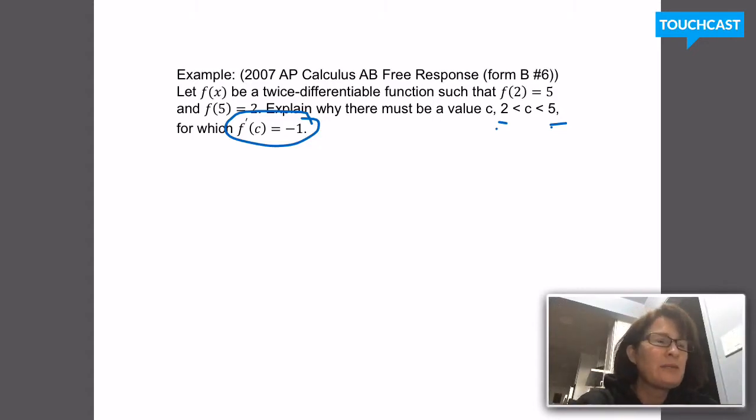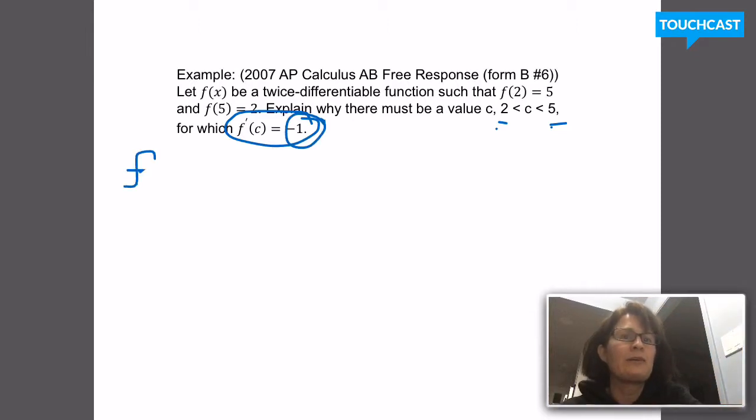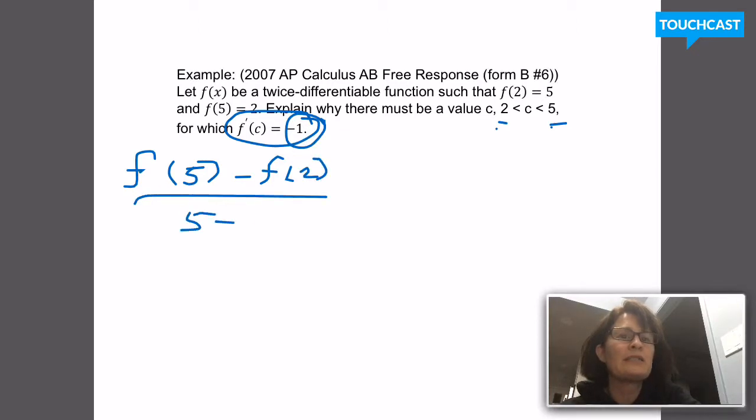So my first job is to make sure I can find a difference quotient, an average rate of change on f that's equal to this -1. So I'm going to try that. Is it true that f of 5 minus f of 2 over 5 minus 2 equals -1?